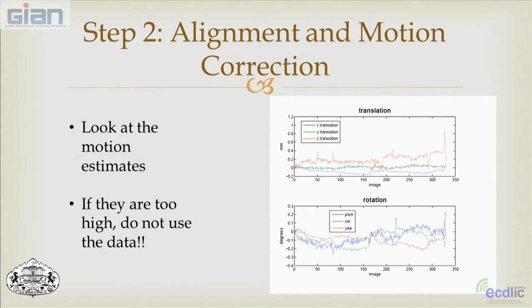The pitch is shaking the head in a yes direction. The yaw is shaking in a no direction. I always think of an airplane: if it goes like this, it's a yaw, and the roll is this way. So we looked at the motion estimates in this data set and we said, okay, this looks reasonable, so we're going to keep this data set in our study.